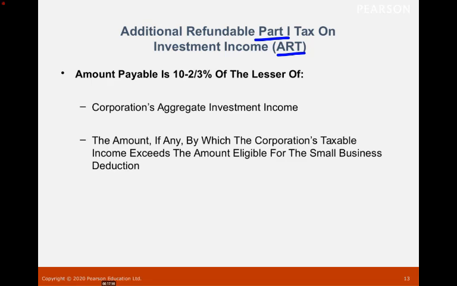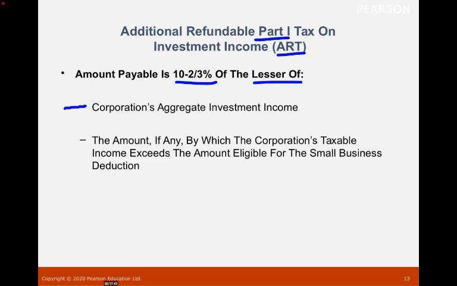This is an additional Part 1 tax, but it's refundable, and it is a tax on investment income. So what is it? It is calculated as 10 2/3% of the lesser of. So we got one of these lesser ofs. Here's where our aggregate investment comes in.